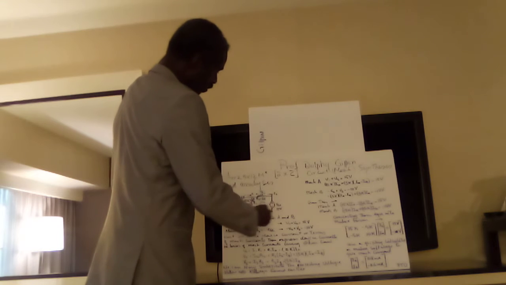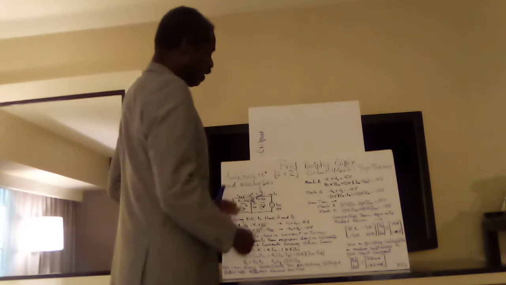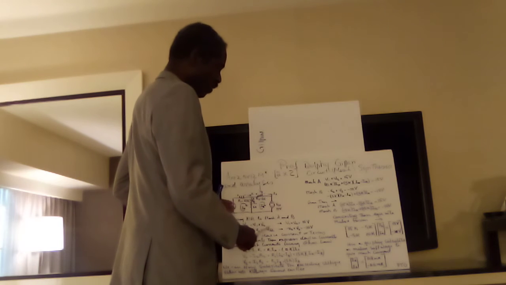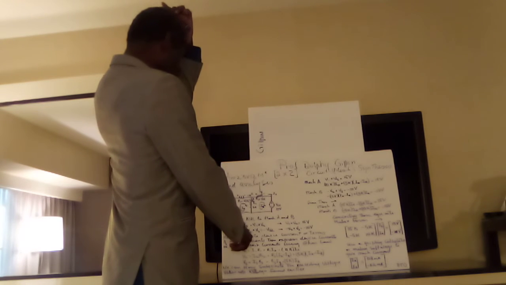So we have drawn a circuit here, and notice now that we must be able to transform from a linear representation into a matrix representation, and vice versa, from a matrix representation into a linear representation. So here we have the linear representation, and then we'll use the matrix representation afterwards.